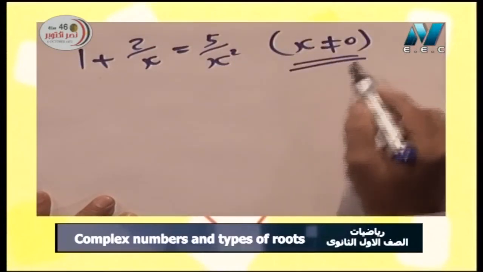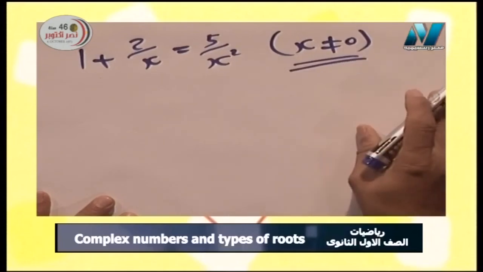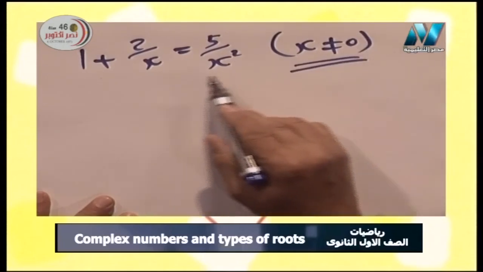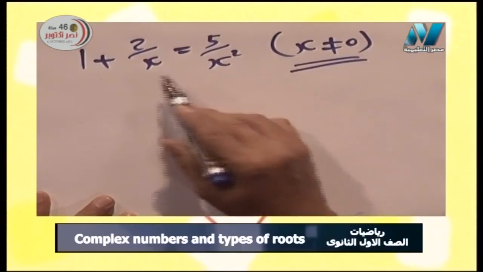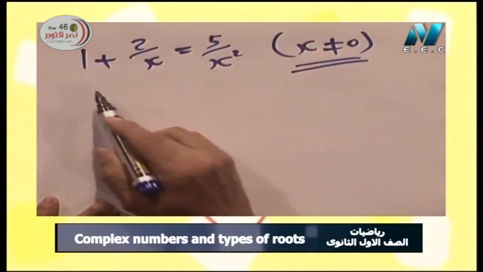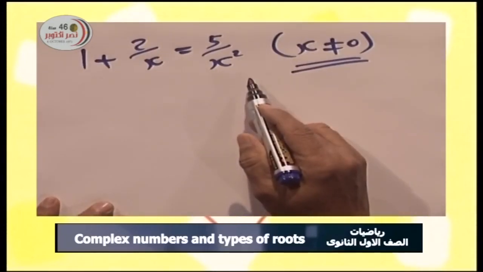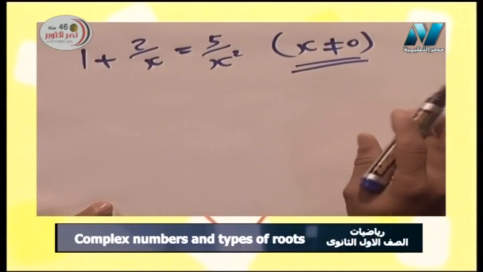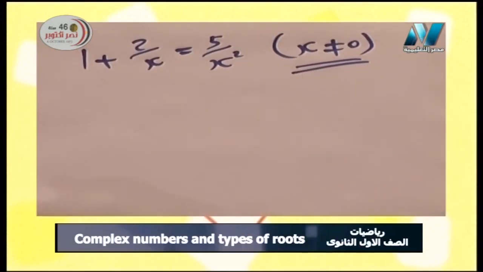You do nothing with this, just x doesn't equal 0 because we cannot put 0 in the denominator. When we have this equation, it's not like a formula, and it's a problem for some students. But you intelligent students, you will have a solution for it.